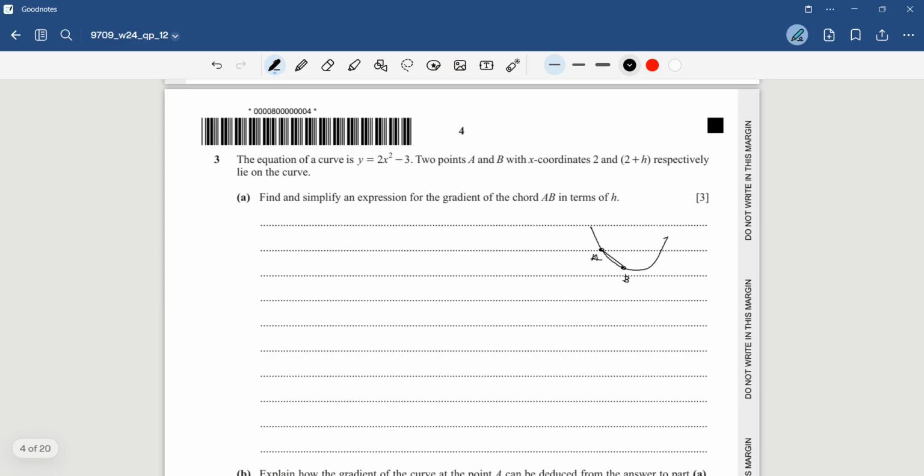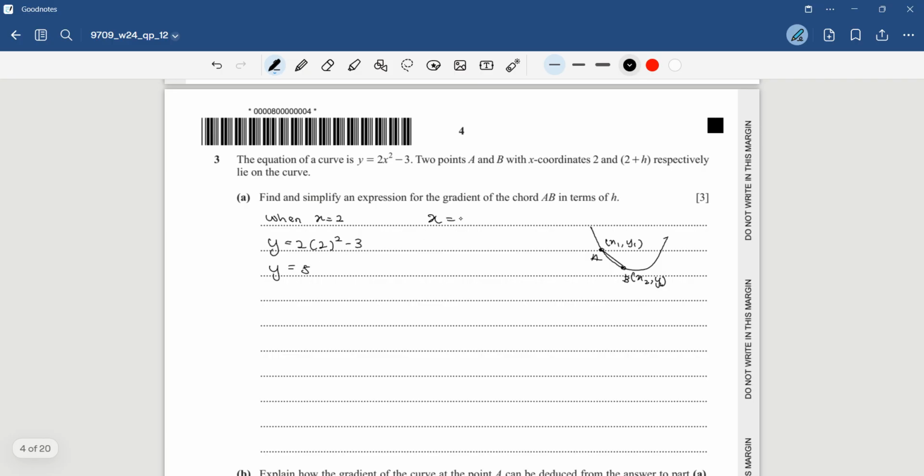Okay, so to find the gradient of this, x1, y1, x2, y2. You want to find the gradient, you need your x coordinate and y coordinate with x coordinate and y coordinate, so that we can substitute in. So when x equals 2, my y will be 2 bracket 2 squared minus 3. Therefore, my y is equivalent to 5.